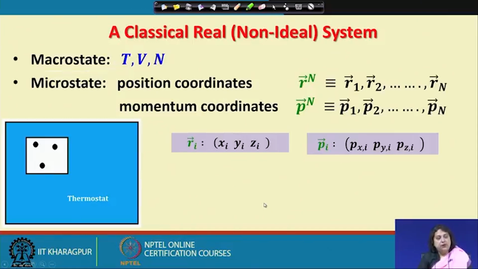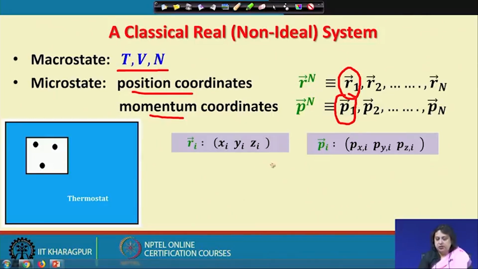Once again we are going to adopt the kind of representation that we have already discussed in the case of ideal gases. The first thing is we are working in the canonical ensemble. We have 6N position and momentum coordinates. Of these, 3 belong to particle 1 position and 3 belong to particle 1 momentum.